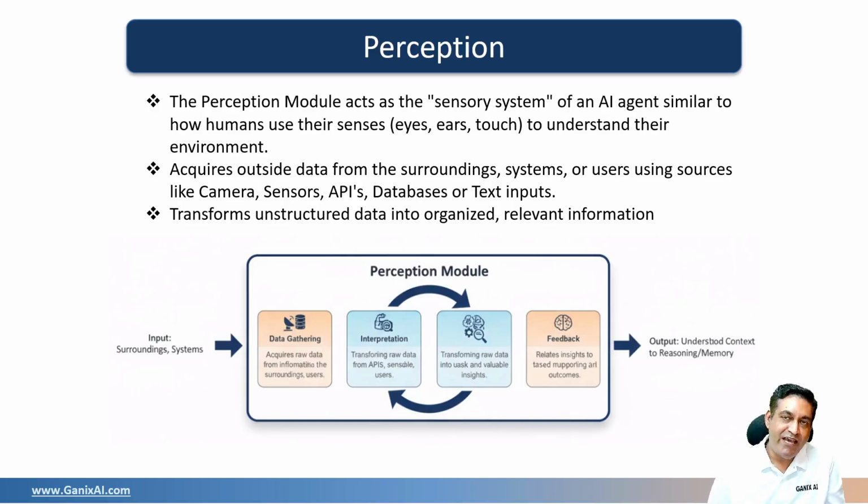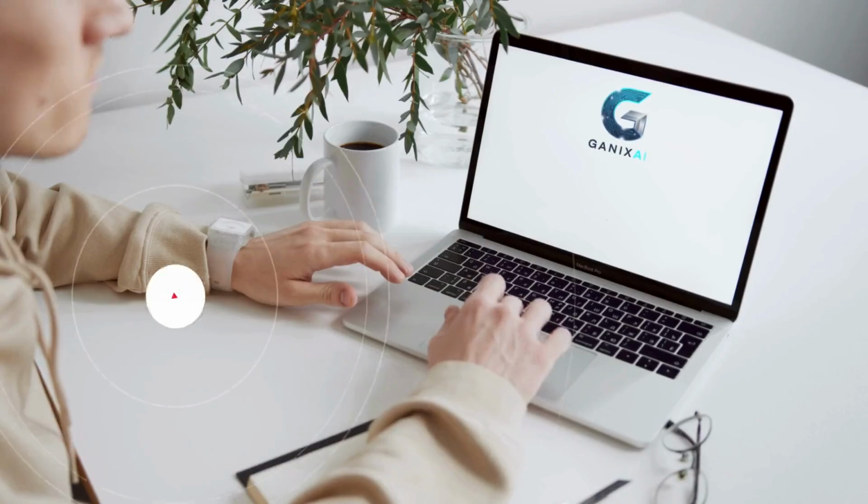Then once it captures that, some of it is unstructured, so it organizes it and converts it into information. So it captures the data, understands it, and transforms it into information.